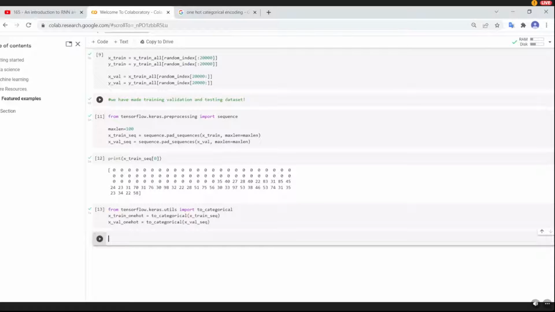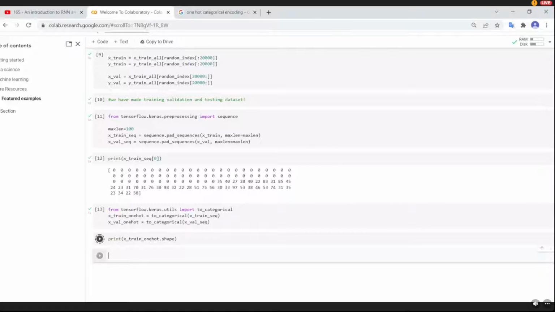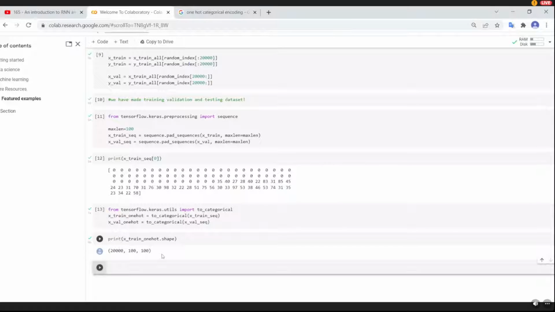So if you want to see what it looks like, print x_train_onehot.shape.